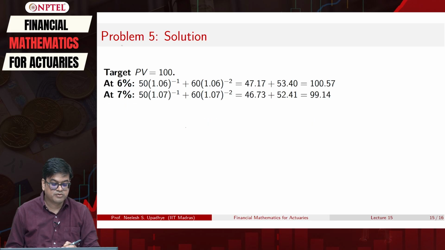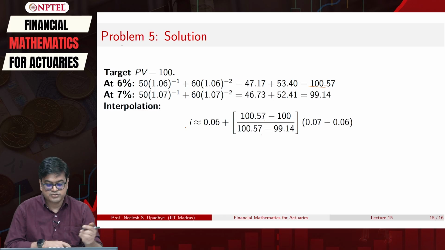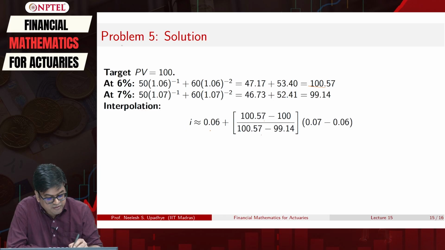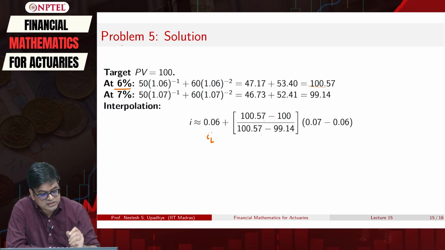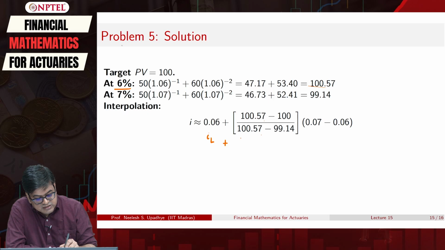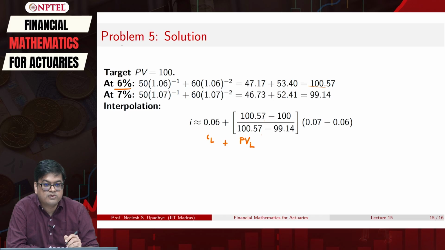So, now we will go step by step. First of all, I have IL, which is the lowest interest rate, which is 0.06 here, plus, for the higher interest, what is the present value low?